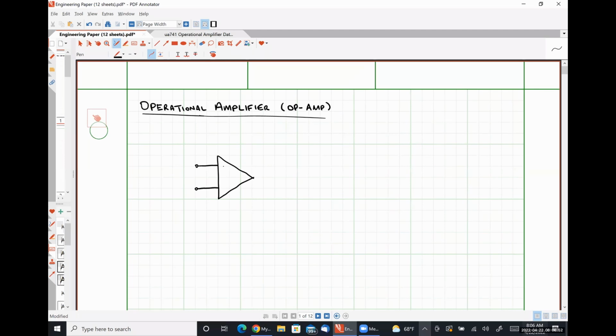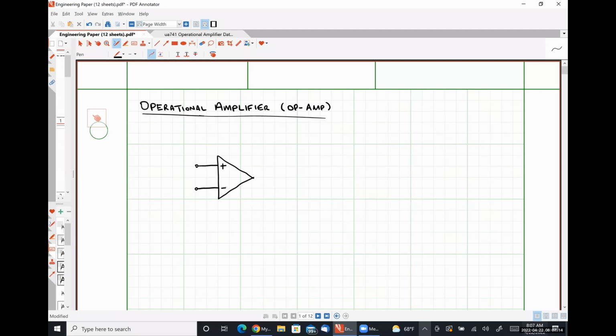And typically speaking, one of them in the schematic representation will be associated with a plus sign, and the other will be associated with a minus sign. Now, we may see amplifier circuits where the plus sign is on bottom and the minus sign is on top. That's literally just telling you that those input terminals are switched.